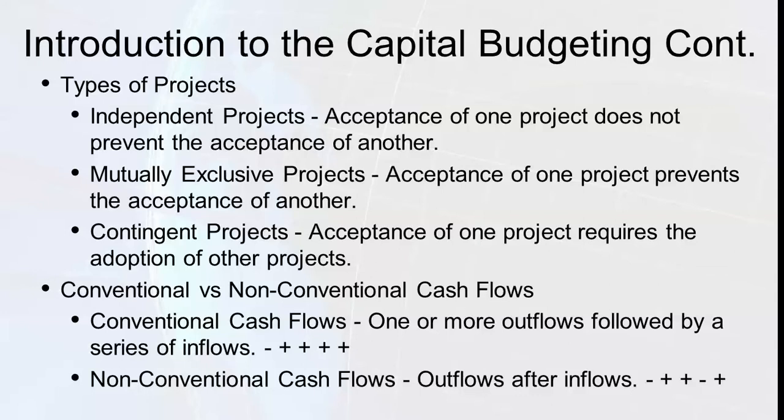Okay, so cash flow in projects could be conventional and non-conventional. Conventional basically means there is only one sign change in cash flow. So basically, the first one is going to be your investment, and the rest of them are going to be positive cash flows. So this is a conventional cash flow example. Sometimes you invest, so this initial investment is negative, but the cash flows in future could be negative.